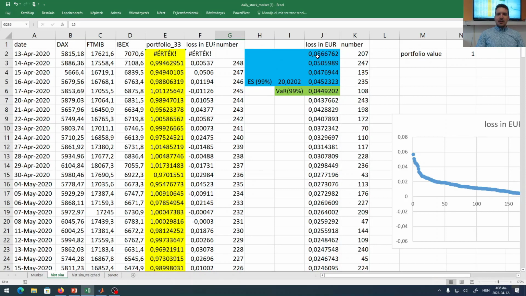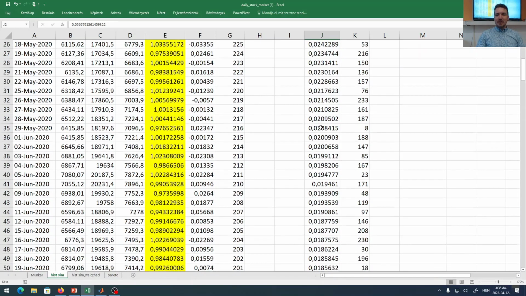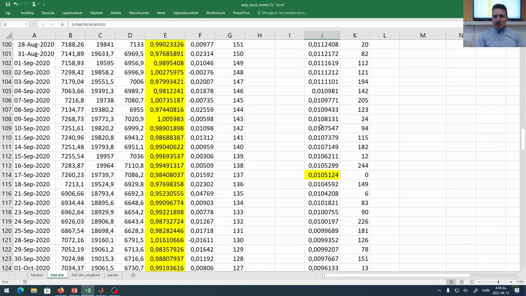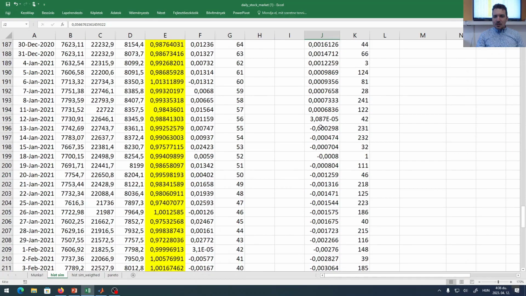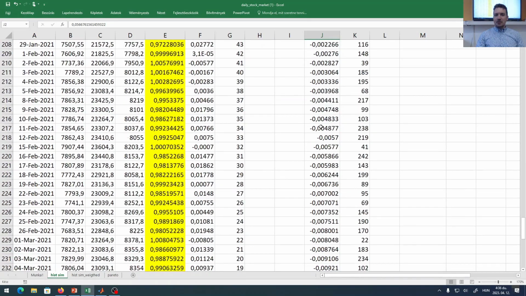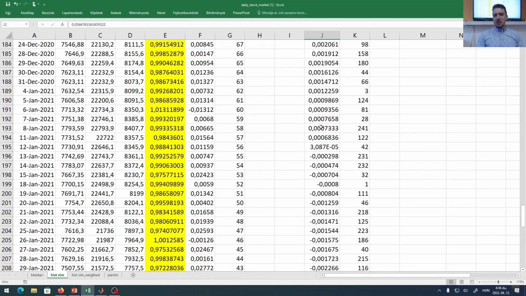After that, let's take all of these numbers and put them into descending order, because these are the negative numbers.